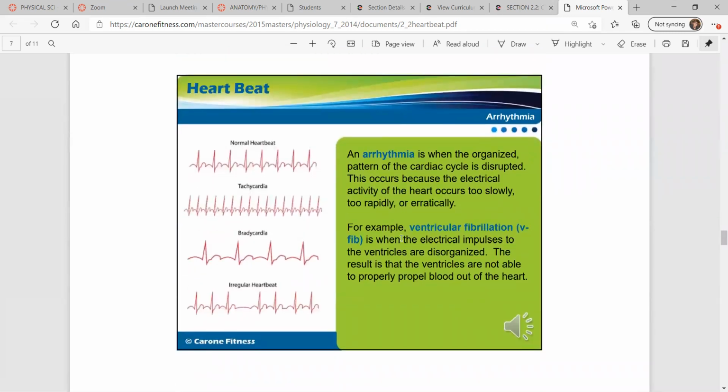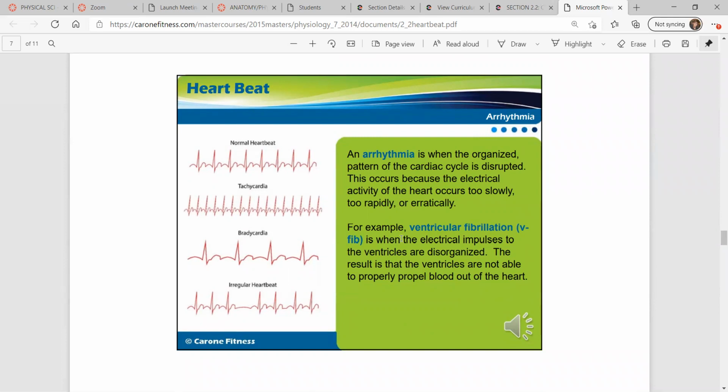And arrhythmia is when the organized pattern of the cardiac cycle is disrupted. So something's going on and it's not quite right. That can occur because the electrical activity of the heart is too slow, too fast, or just not following a pattern.